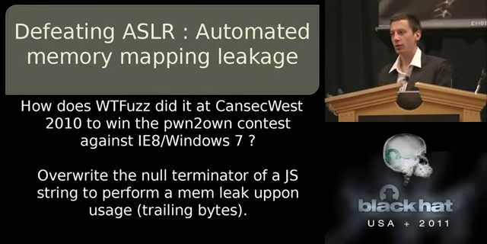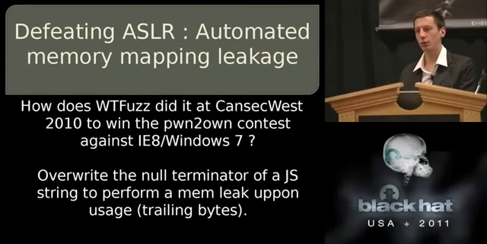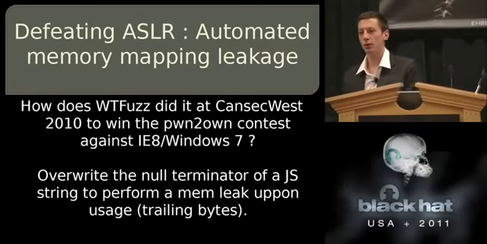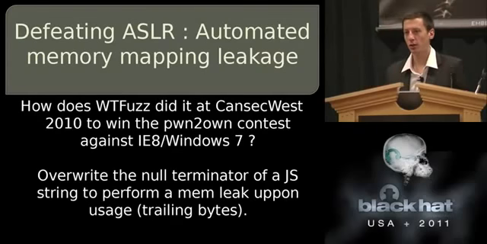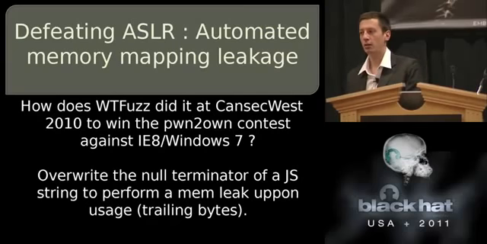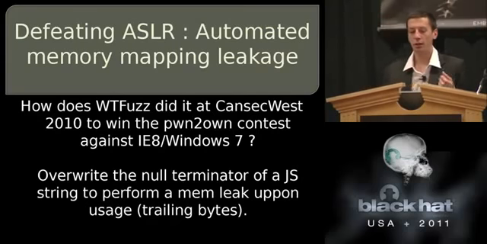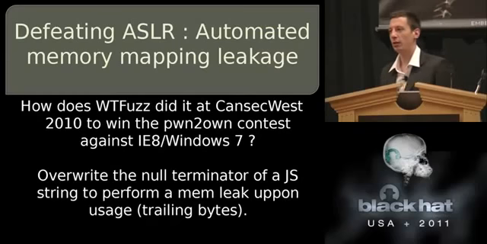So by doing that, you get to read the few bytes following your normal string. And if this contains a pointer to another memory location, you can read it back, right? And you can deduce what is the mapping of your binary.